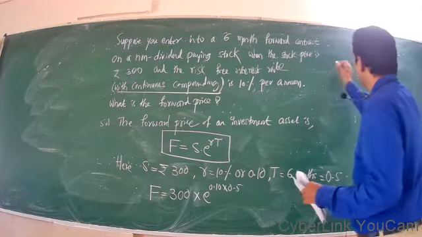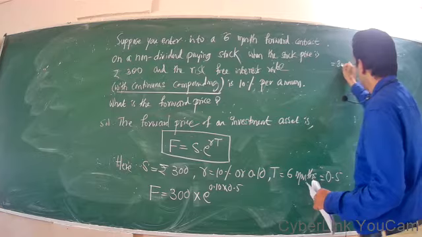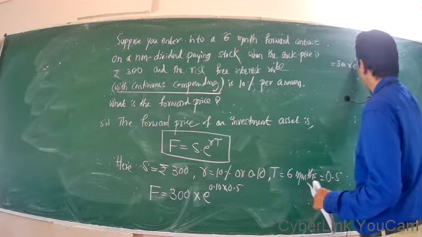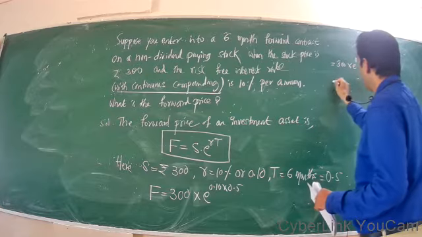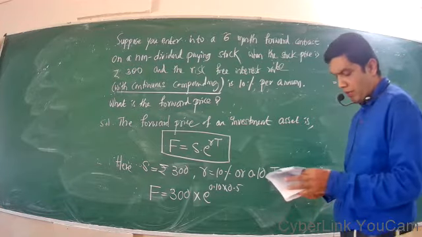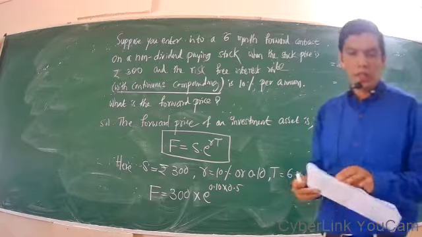And that is equals to 300 into e raised to 0.05. So that value should be taken from the table.